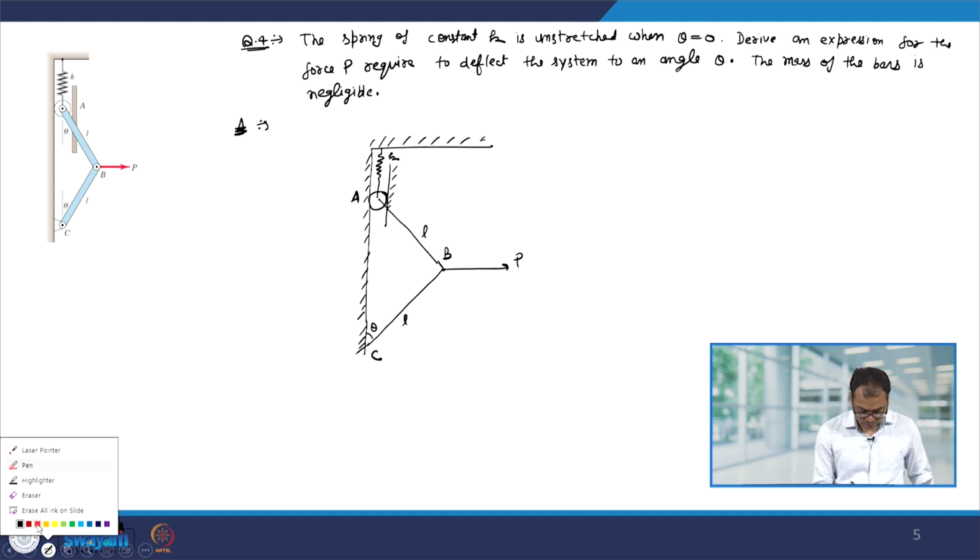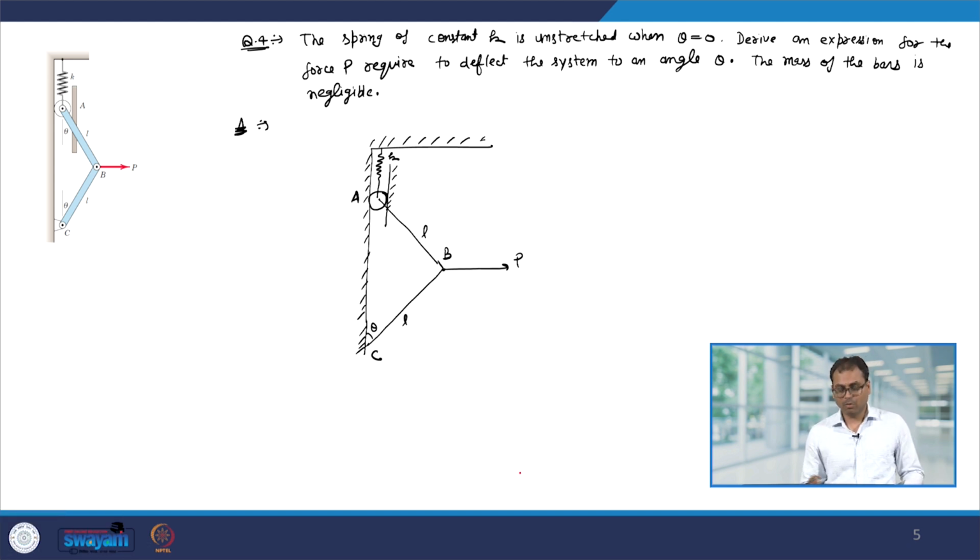Let me show you the virtual displacement because of P, though we know how it is going to look. It is not required now, but anyway let me show it. Let us say this length is x, then the virtual displacement will be dx, and because of the spring the whole system will try to go up.